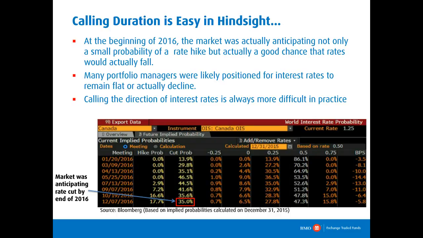At the very first Bank of Canada meeting that January, the Bank of Canada came out and said we're done with cutting interest rates. So very often in practice, calling duration, or even calling credit, consistently and correctly is very difficult to do. Again, hindsight is 20/20, and at that point in time it was very difficult.